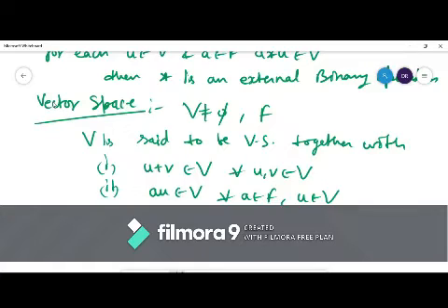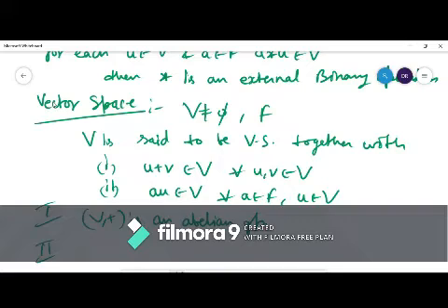This is scalar multiplication. V is said to be a vector space together with two binary operations if first, V plus is an abelian group, that is V plus satisfies 5 properties.